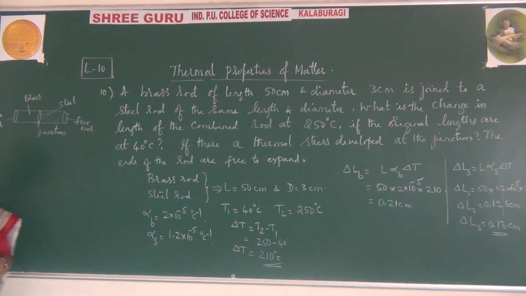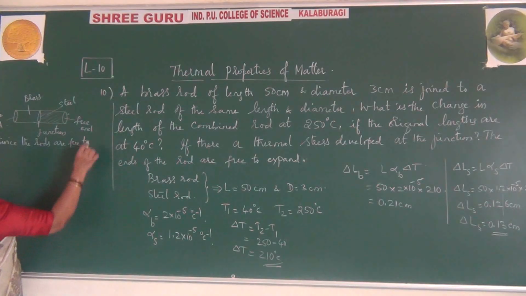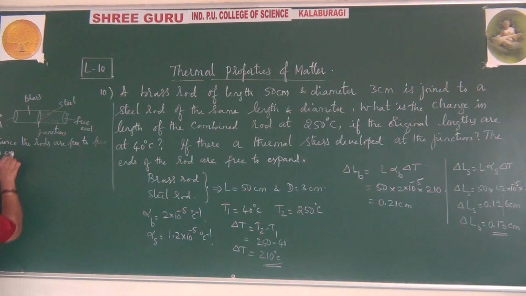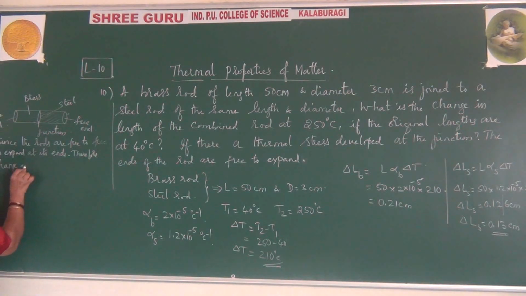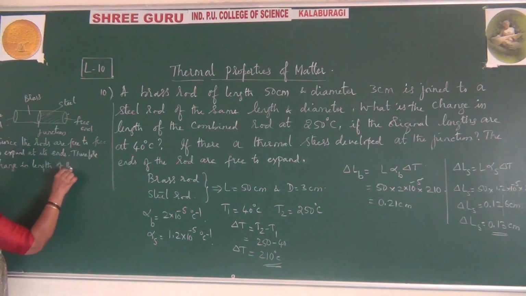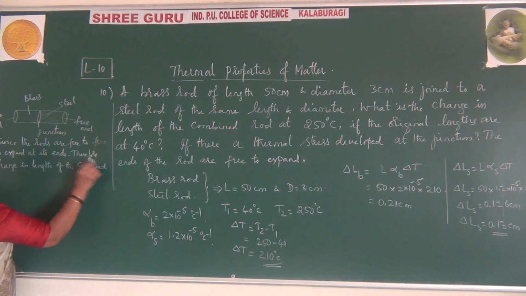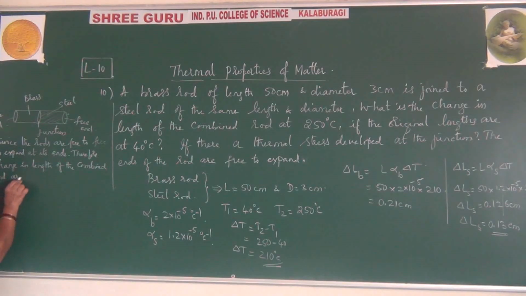Now I will write, since the ends of the rod are free to expand: since the rods are free to expand at its ends, therefore, the change in length of the combined rod.